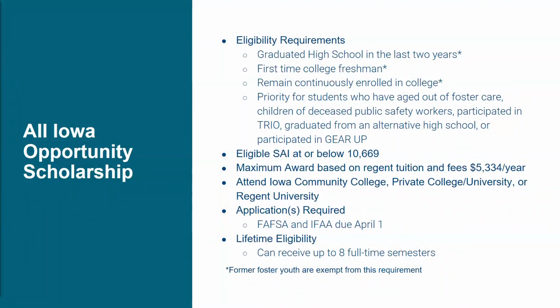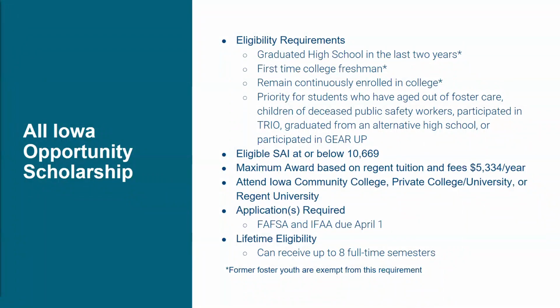The priority for this program is that priority awarding first goes to students who have aged out of foster care, children of deceased public safety workers, students who have participated in a TRIO program while they were in high school, someone who has graduated from an alternative high school, or someone who participated in Gear Up.